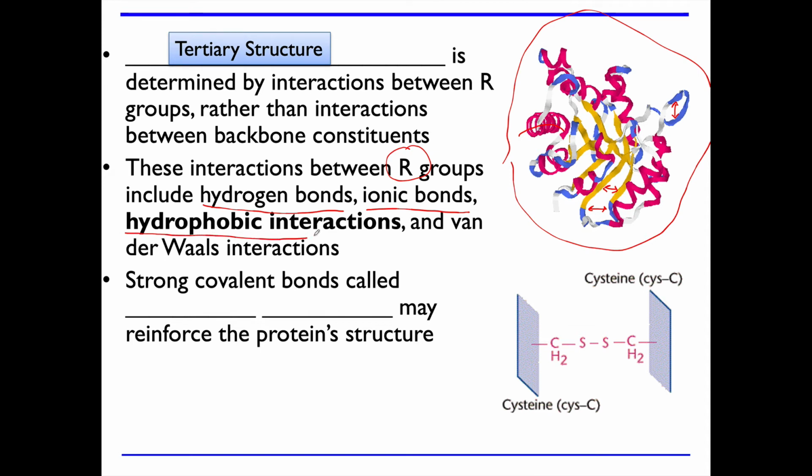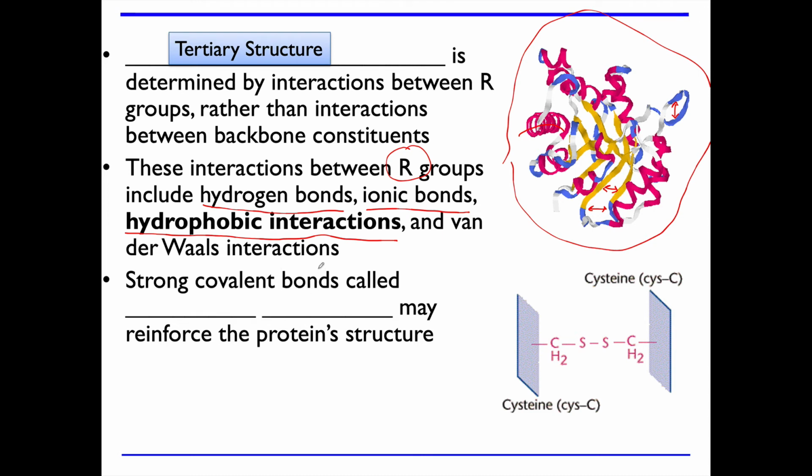Hydrophobic interactions are basically where you have two nonpolar R groups interacting with each other. In science, we say that like dissolves like. Sometimes we say birds of a feather flock together. So if you're similar chemically, you have no problem hanging out with other things that are chemically similar to you. And then there's another one called van der Waals interactions, where it's just like these brief momentary attractions.